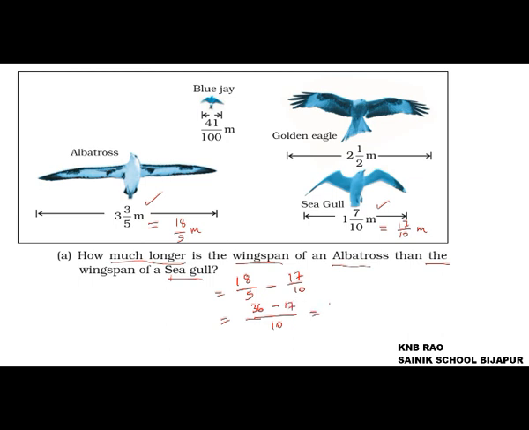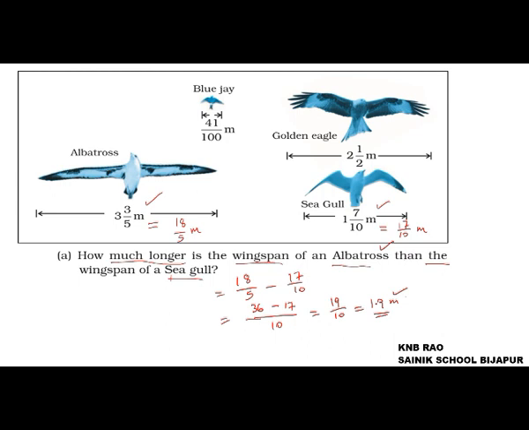So 36 minus 17 is 19. 19 upon 10 gives 1.9 meter more. Whose wingspan is longer? Albatross wingspan is longer. How much is longer? 1.9 meter longer. Extra it has got than the seagull. This is sub question A.